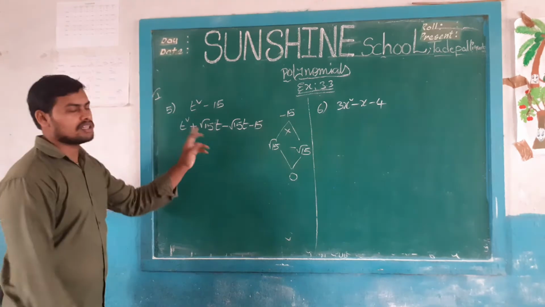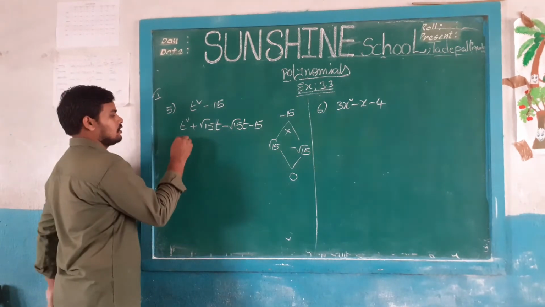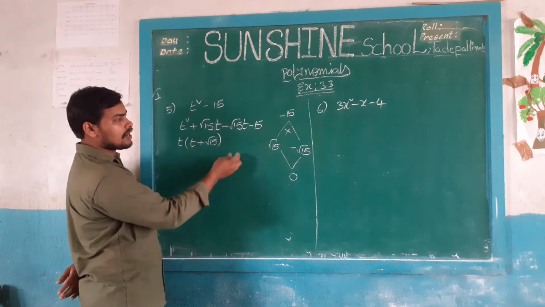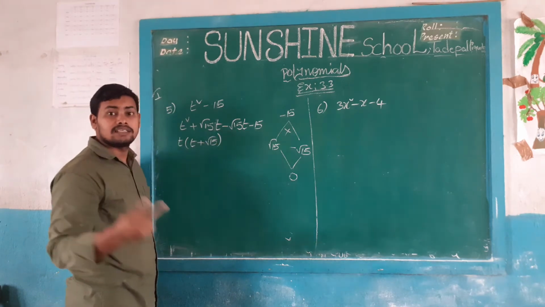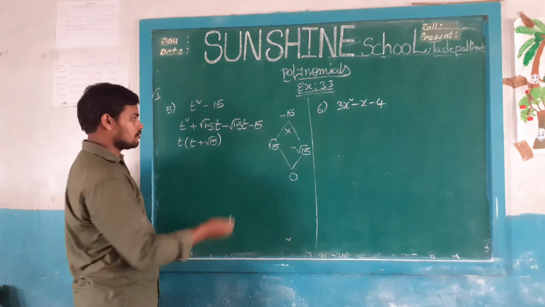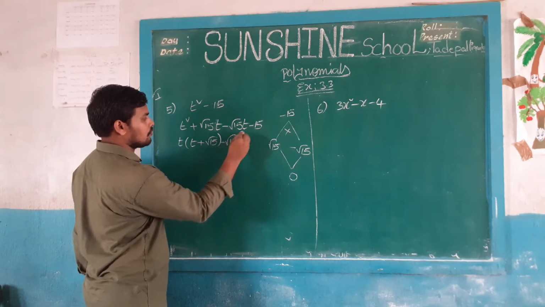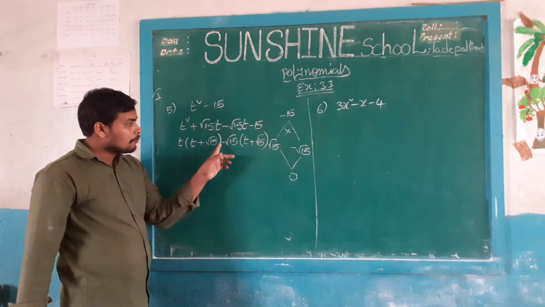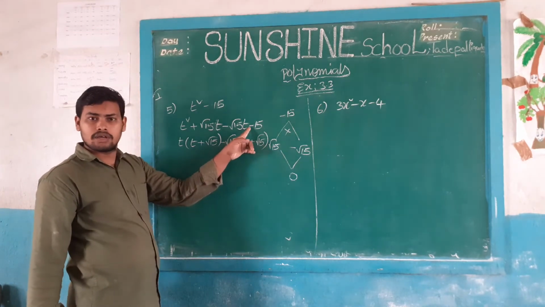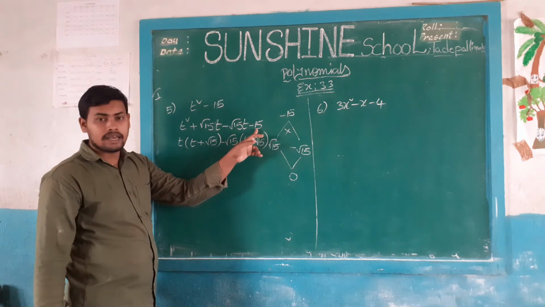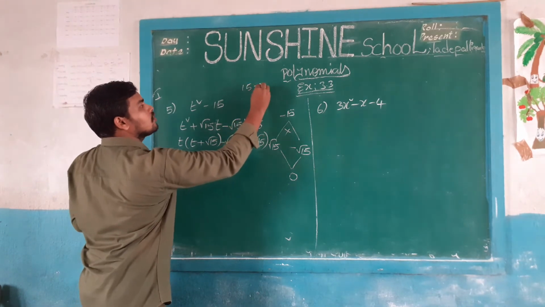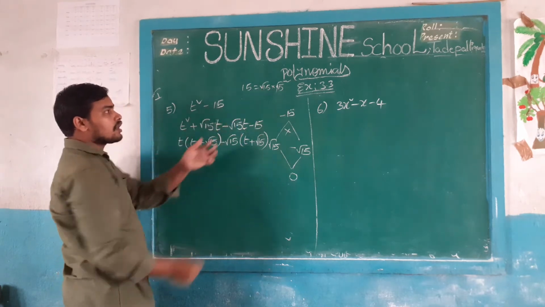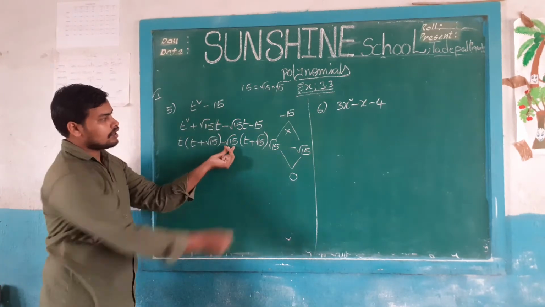Now what is the common factor here? t. So t into t plus root 15. Again a common factor: 15 means there are two root 15s. Minus root 15 into t plus root 15. We already know that 15 can be written as root 15 into root 15, so I have to take one root 15 here from this one.